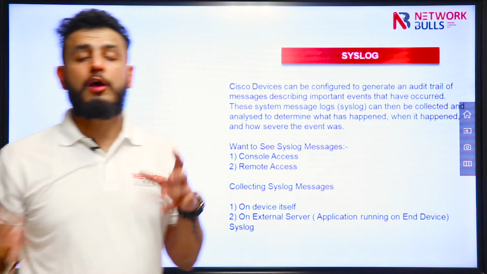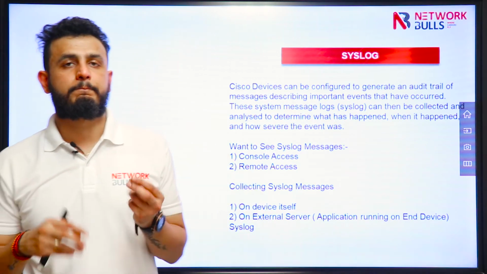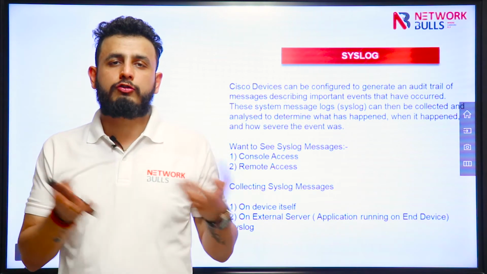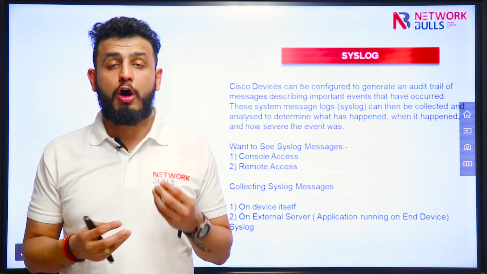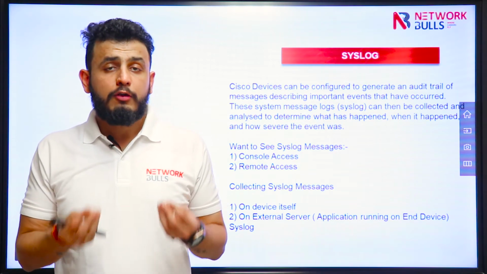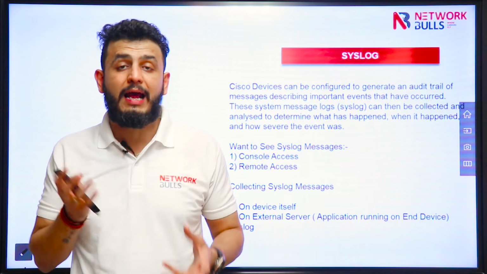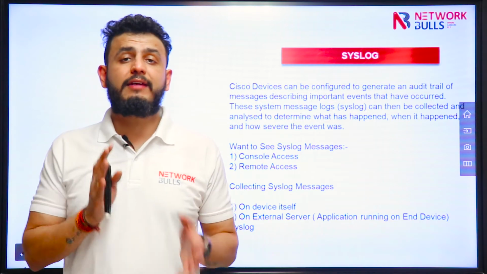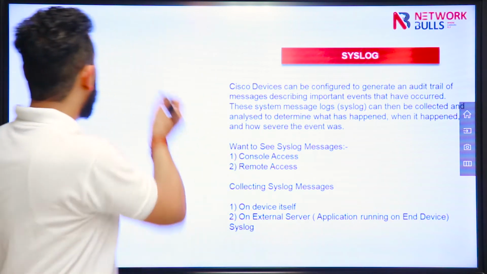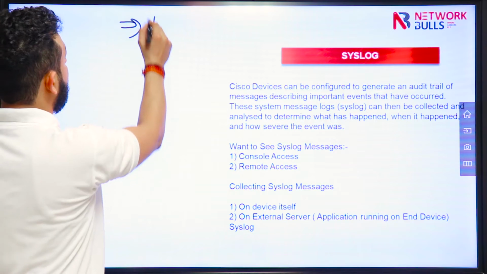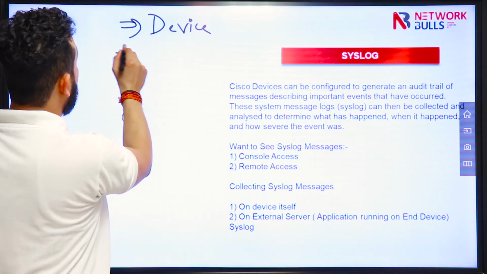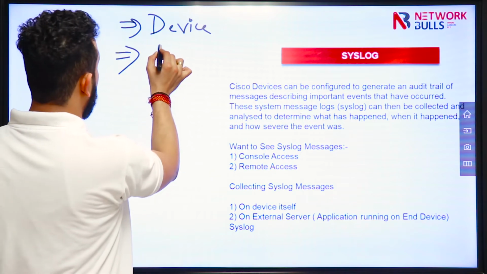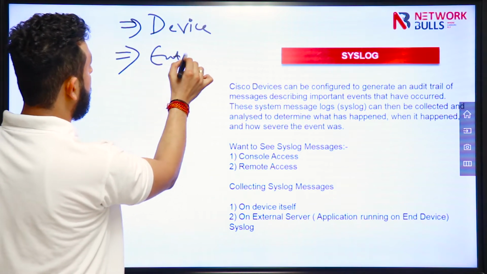Next, if I talk about collecting the logs, I am getting the logs on my CLI, and after some time, those logs will vanish. So I need some space where I can save those logs. We can save the logs either on the device itself, or we can save the logs on an external server.